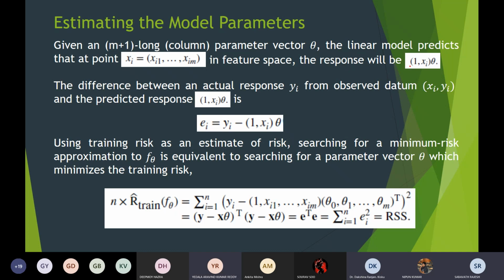The response would be 1 comma xi into theta. So this would be the response in the regression.